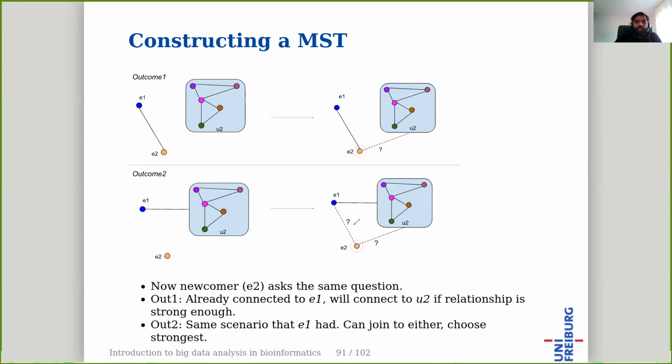If it is already connected to E1, and it asks, do I have a strong relationship to U2, then you connect it. Otherwise, E2 is connected to E1. This is already connected here, we connect this here.